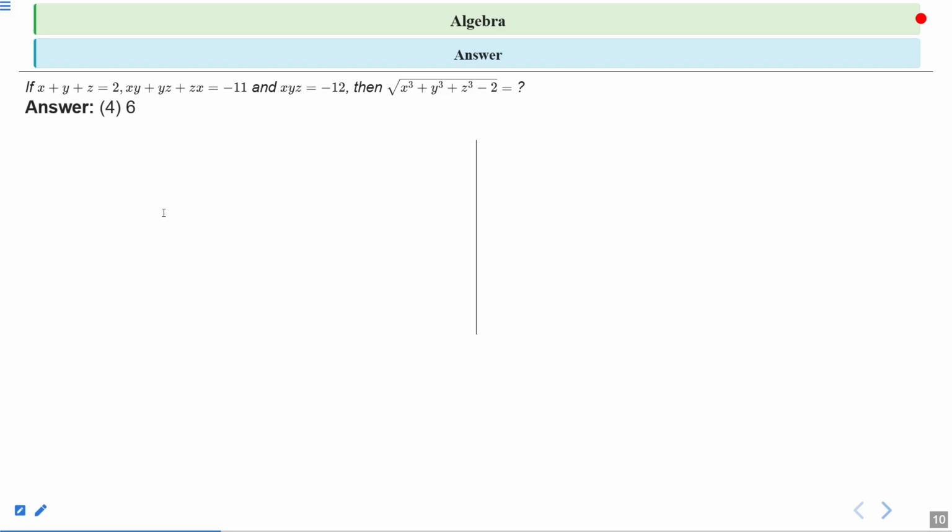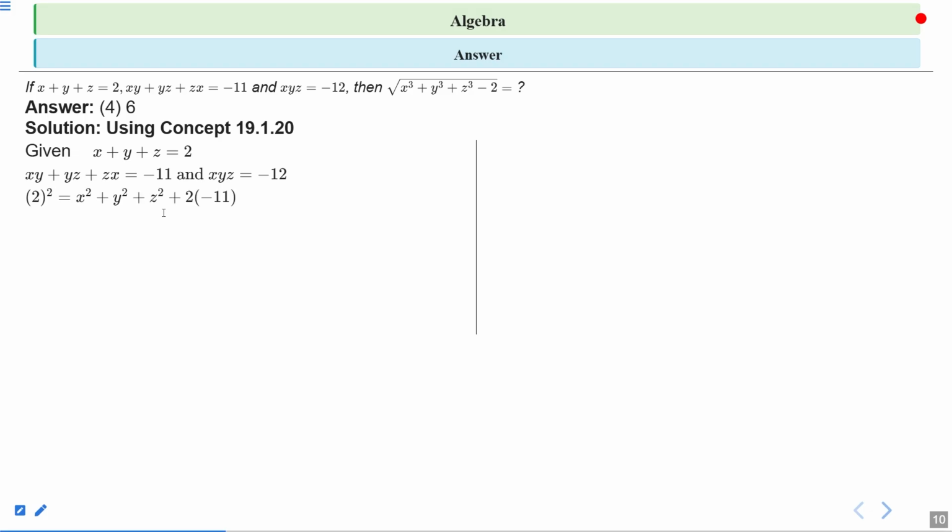The correct answer of this question is the fourth one, which is 6. Now see the detailed solution using concept 19.1.20.